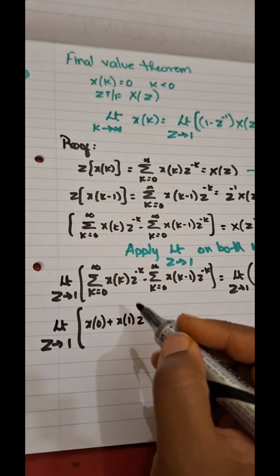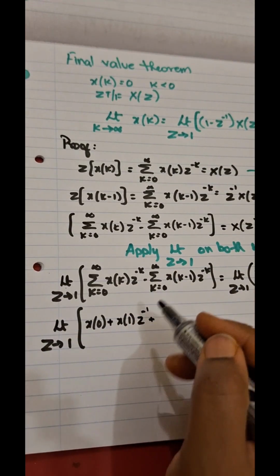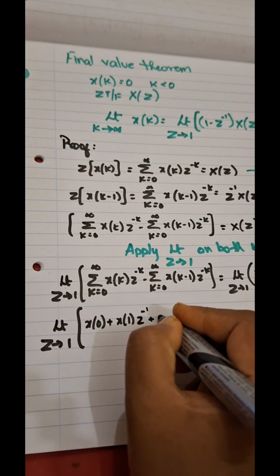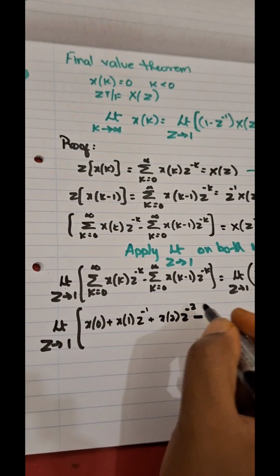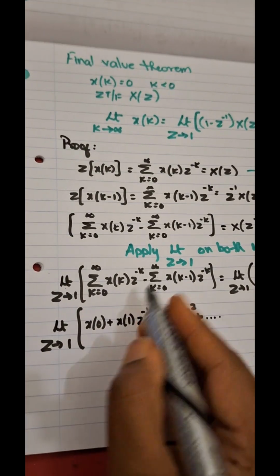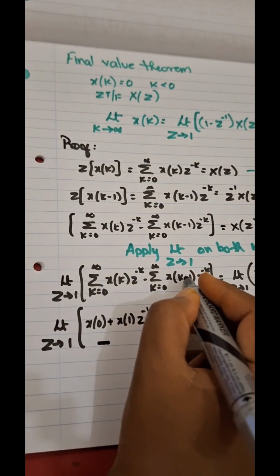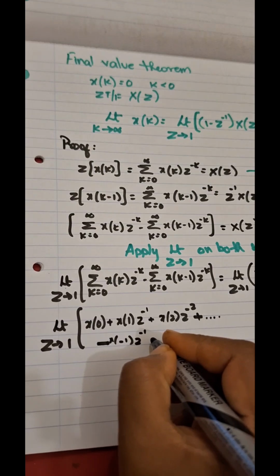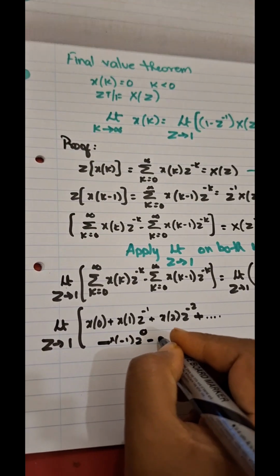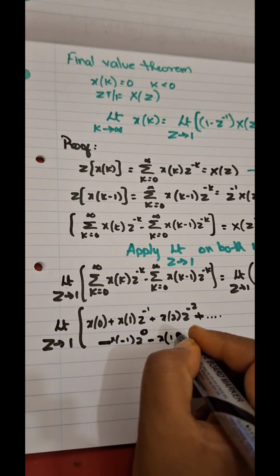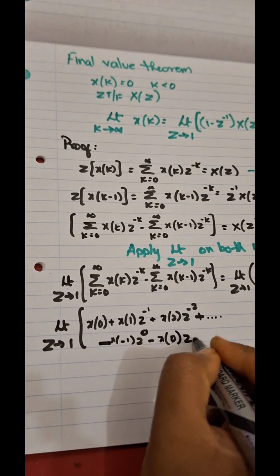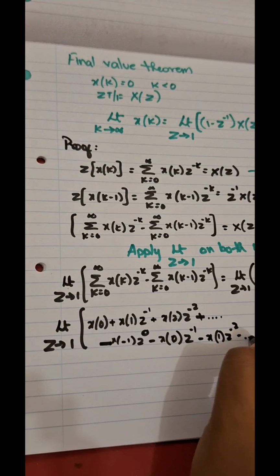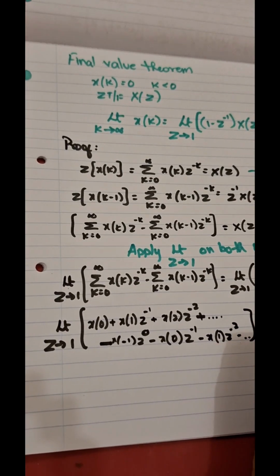Like that we substitute the terms. Then minus the sum: x(-1) z^0, minus x(0) z^(-1), minus x(1) z^(-2), minus so on, which is equal to the right side equation.